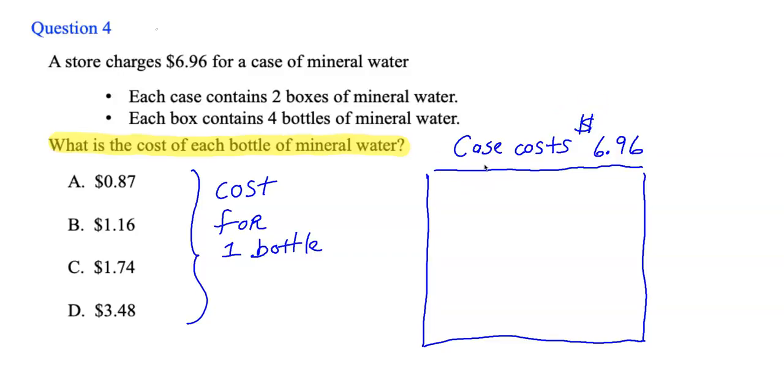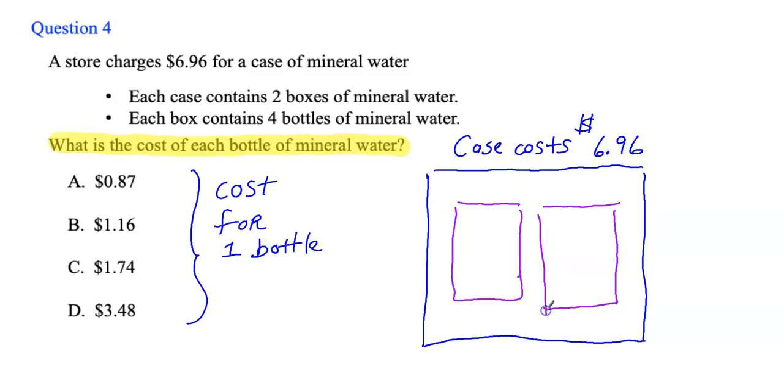Now each case contains 2 boxes of mineral water. Let's put that in here. Each box contains 4 bottles of mineral water. So within these boxes, I'm going to draw 4 bottles of mineral water. 1, 2, 3, 4.